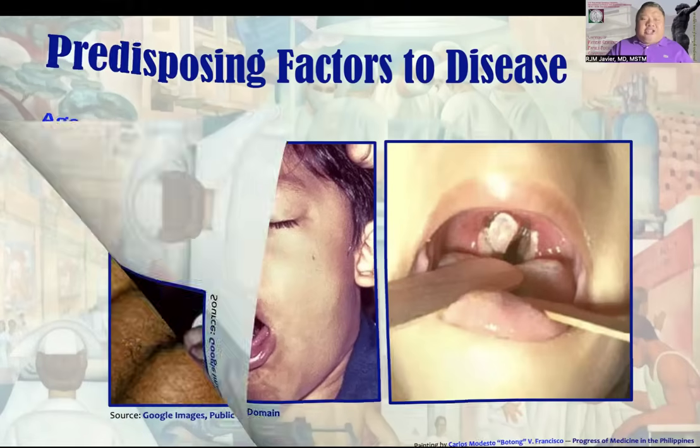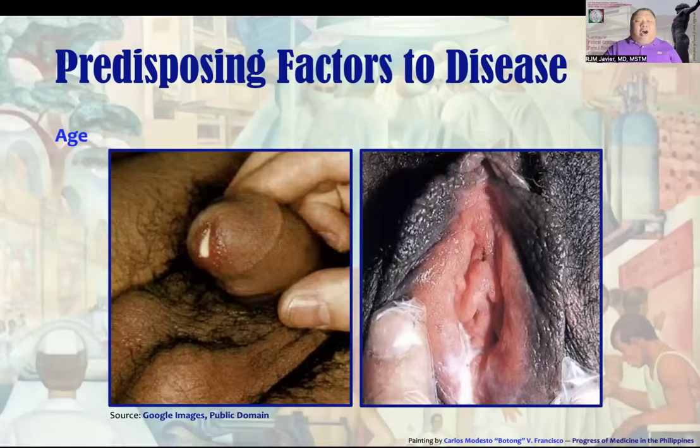Still related with age is this one. When we're talking of sexually transmitted infections, when you see males or females that present with foul smelling, copious yellowish green discharge in the penis or in the vaginal area, you think automatically of sexually transmitted infections such as your gonococcal urethritis. Although we know that this is more commonly seen in patients in the younger age groups.